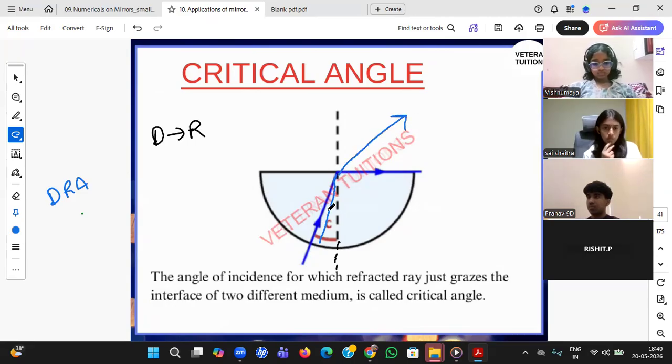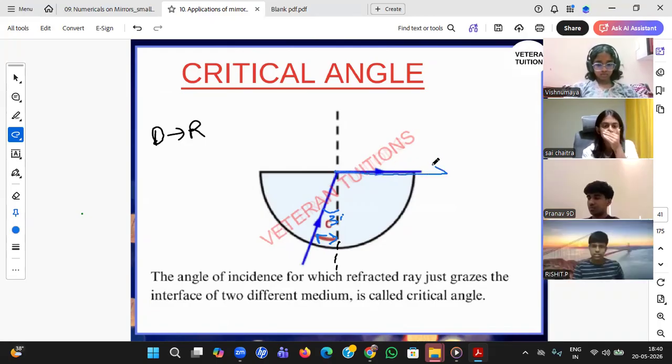But if I still increase the angle of incidence, at one angle of incidence my refracted ray will graze the surface, which is just grazing along the interface. So student, this is nothing but the critical angle. Suppose I'm taking something like 30 degrees, your refracted ray has bent a lot and is touching the surface.